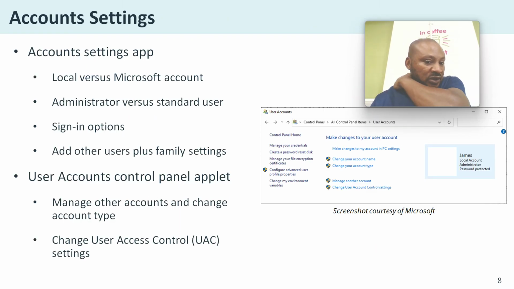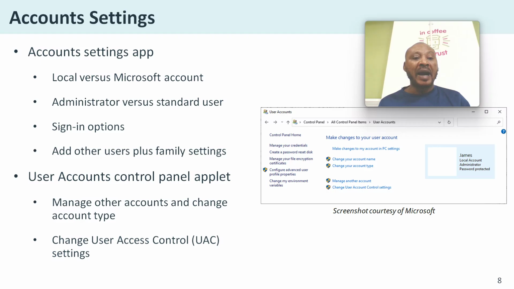Okay, so we also have the account settings. Very important. So what are account settings? In the account settings app, we have the user account, which we call a local account. There is also the Microsoft account.